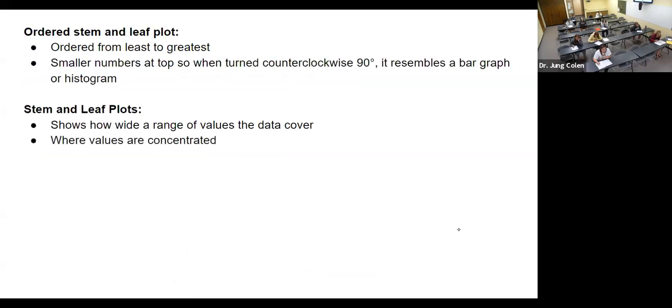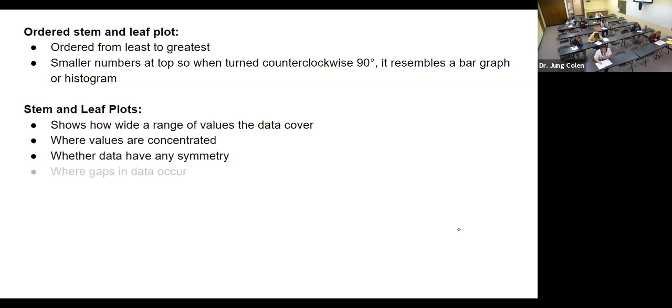And also we can find where values are concentrated. We can see the cluster of the data, right? And we can also see whether the data have any symmetric shape. If it is symmetric, it can be almost like a bell shape, or a different shape can be symmetric too.